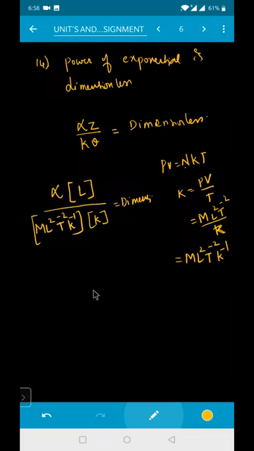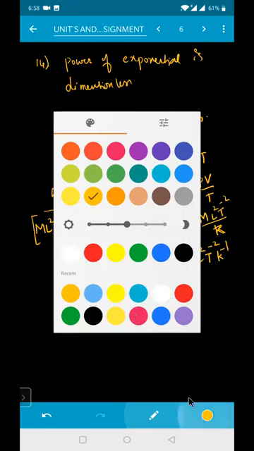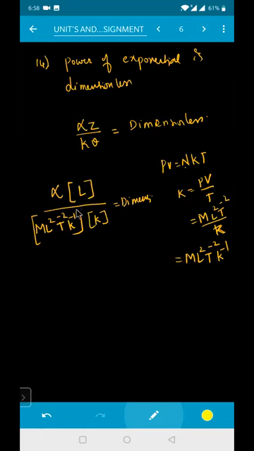Here we can cancel the dimensions of K and K, right? So now simplify this one. If I simplify this one, K and L get cancelled, and this square will get cancelled. M will go up. So the dimension of M will be equal to M to the power of alpha minus 1, this will go here. So alpha will be equal to M, and the dimension of L, this one is here. L will go here.